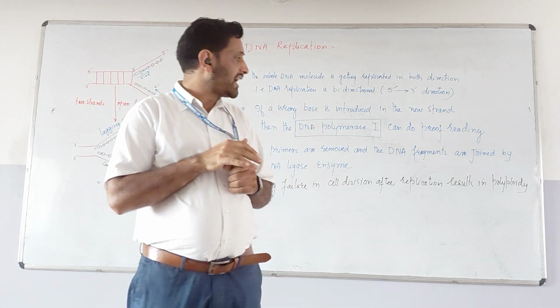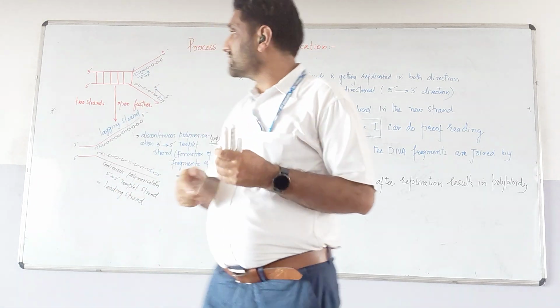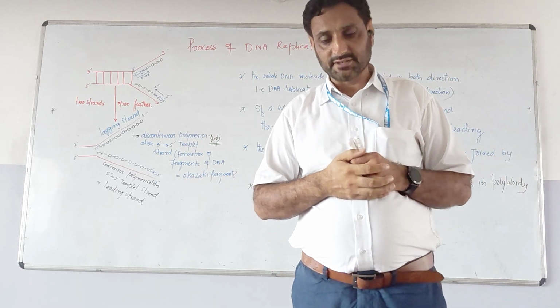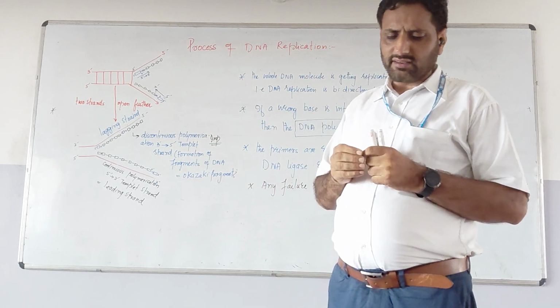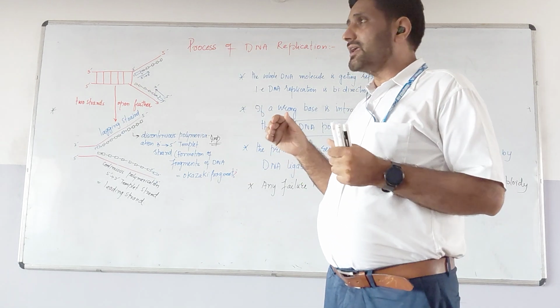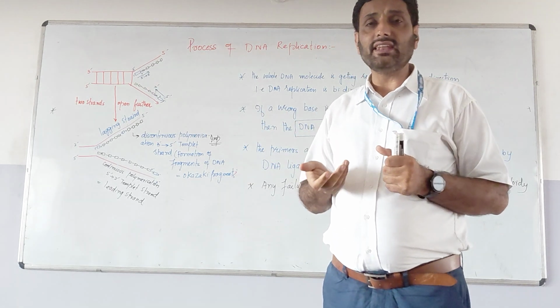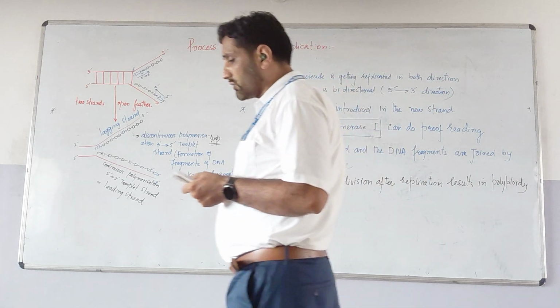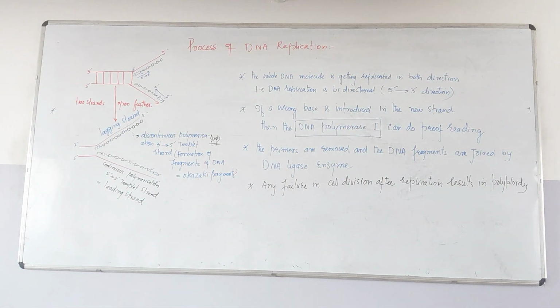One problem is being asked there, that this DNA replication occurs in all organisms. This DNA replication is very accurate, and a particular species can replicate its DNA molecule in a particular time. Let us take an example of Escherichia coli. Just take a screenshot of this.